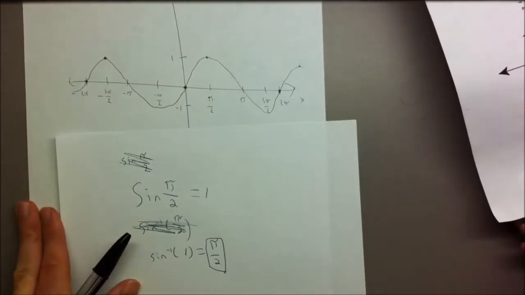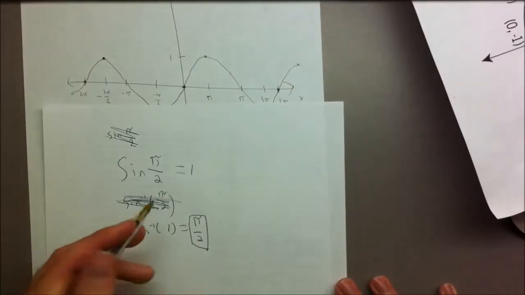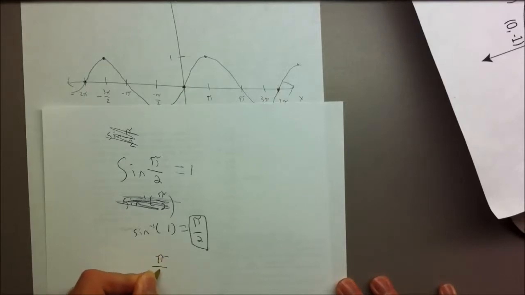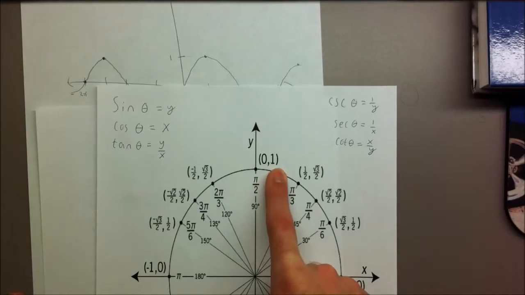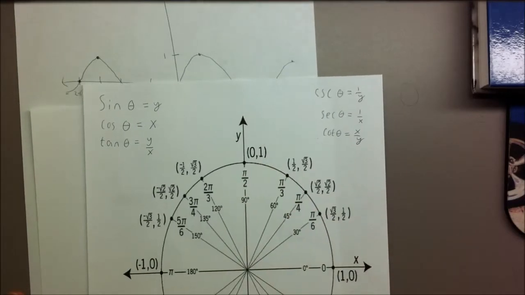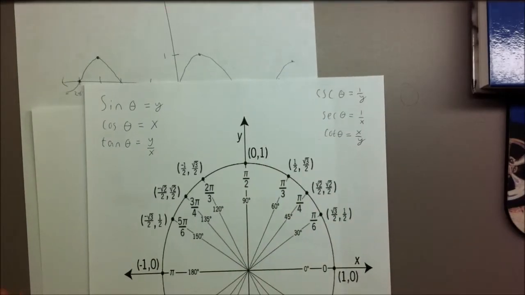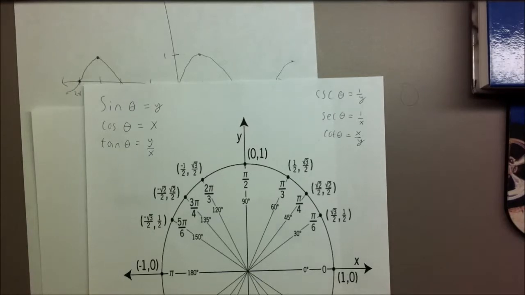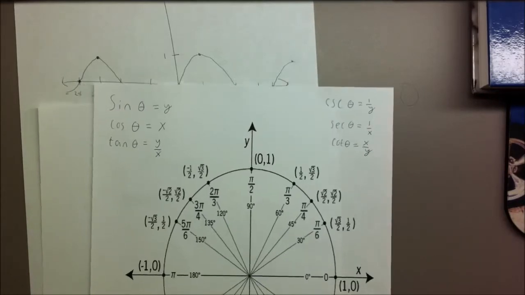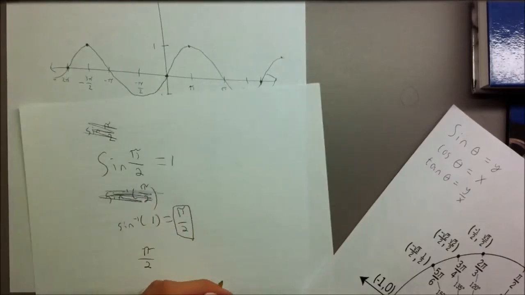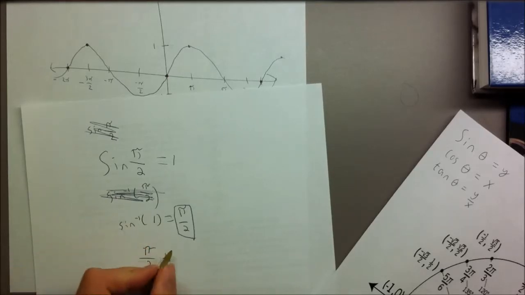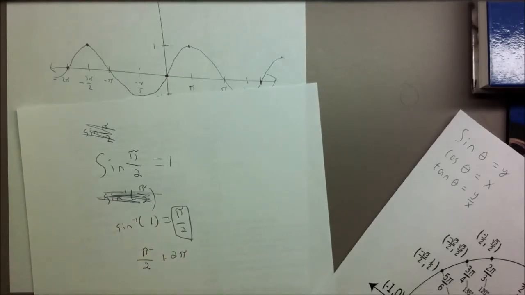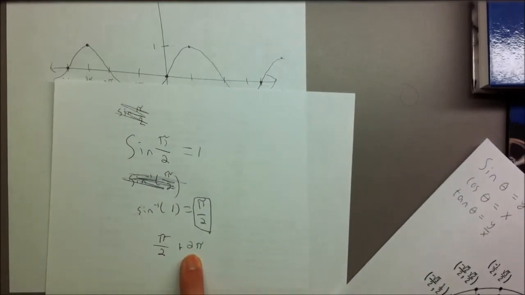So where are all the other places? How do we write this? Well, we have pi over 2 as one of them. We can confirm that it's on the unit circle. The y value is 1. But where are the other places? Remember when I said earlier, you can add or subtract 2 pi and that's going to give you the same answer? If we do pi over 2 plus 2 pi, it's still going to give you the same y value.